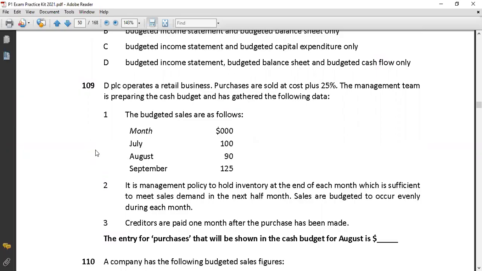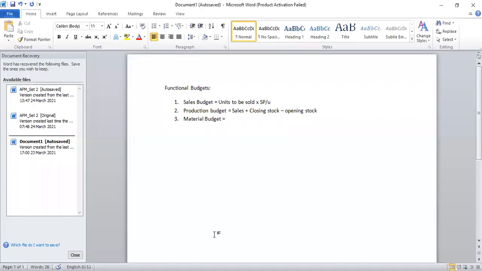First, let's understand what is a cash budget. Okay, let's learn about the cash budget first.